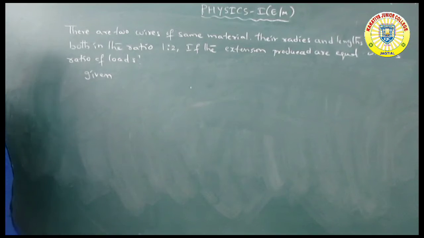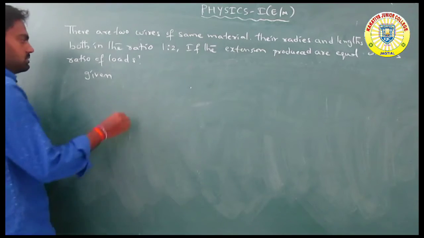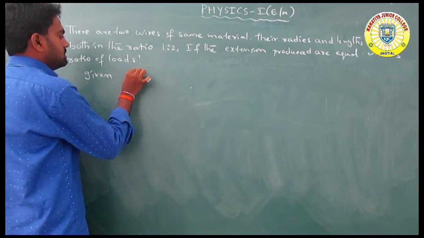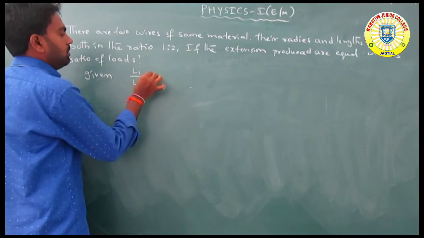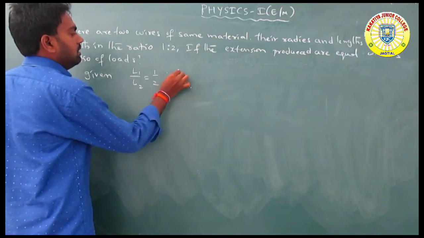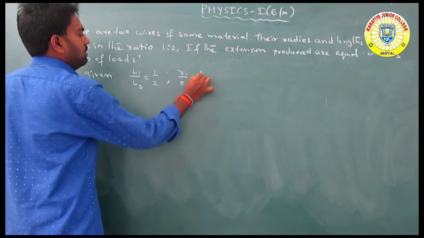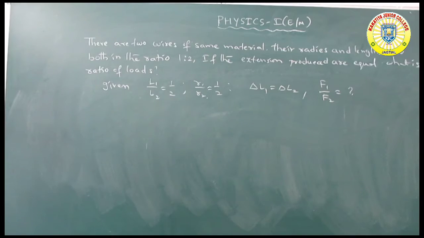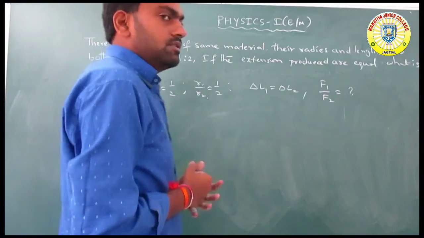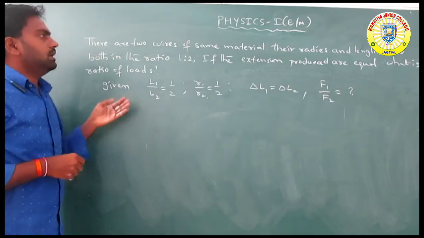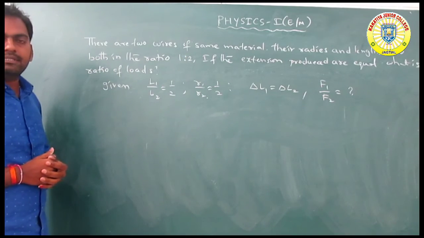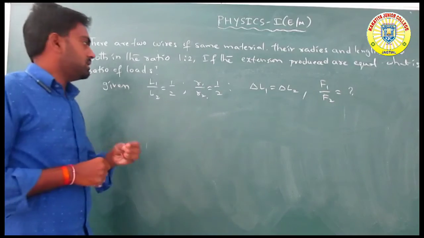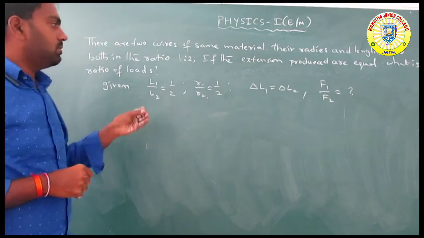So L1 by L2 is equal to 1/2, and R1 by R2 is equal to 1/2.